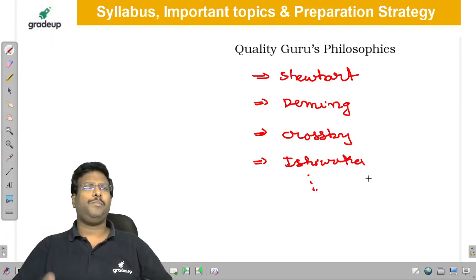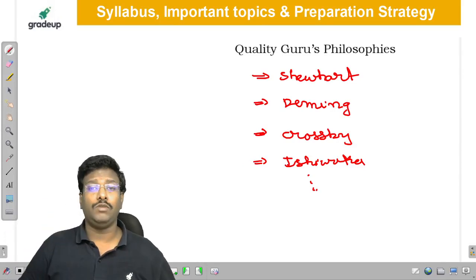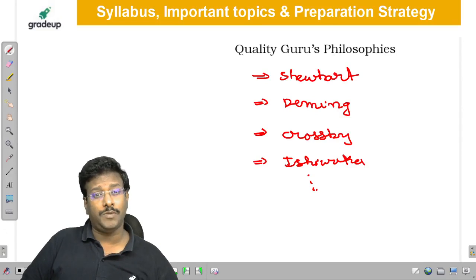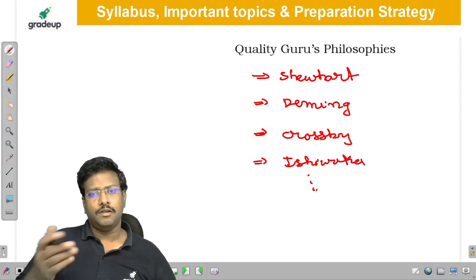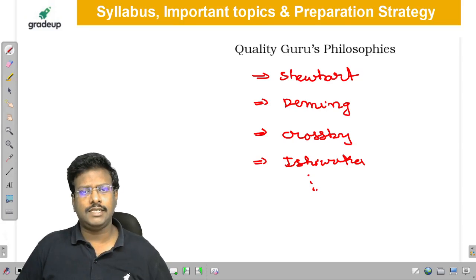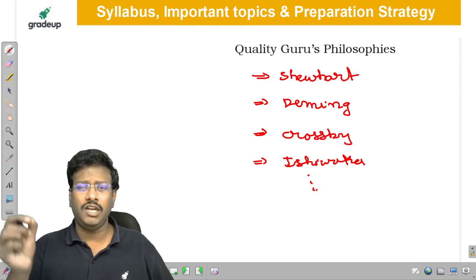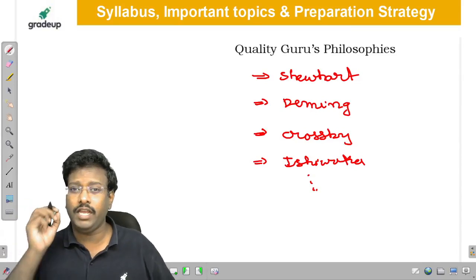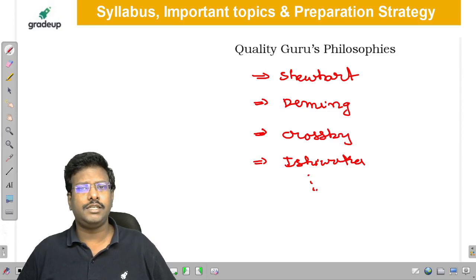If you observe the previous question papers, we already got some questions from Deming principles, Crosby's principles and the Ishikawa diagram. All these places are going to play a major role. What are the important features of each quality guru's contribution, and on which area did they concentrate?